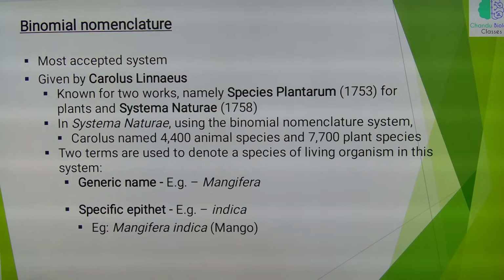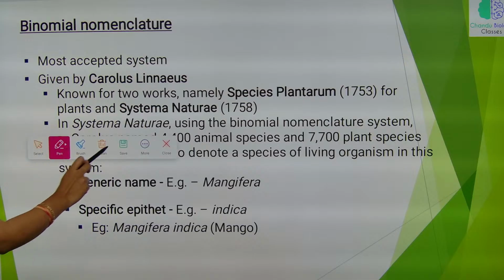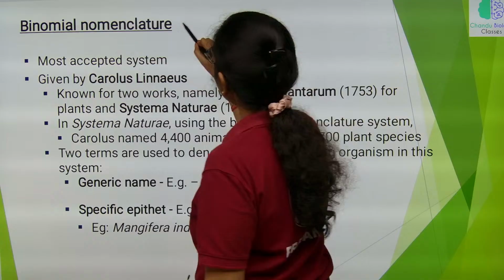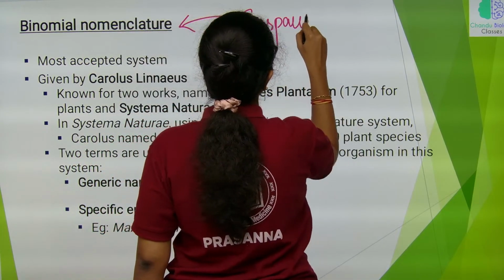Now we will highlight the binomial nomenclature. Here we have to remember two scientists. Of course, amongst those two, Carolus Linnaeus only is highlighted, but then it is Gaspard Bauhin.